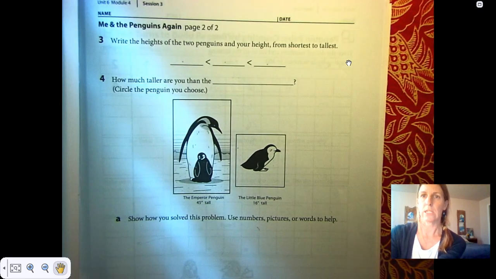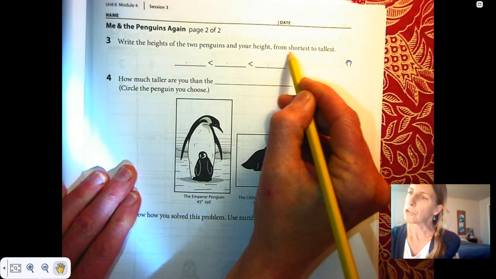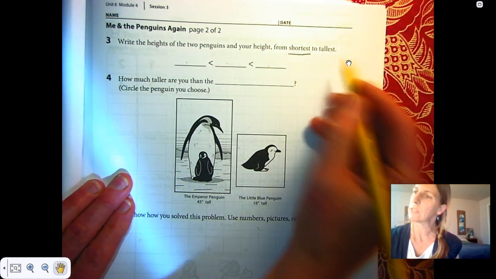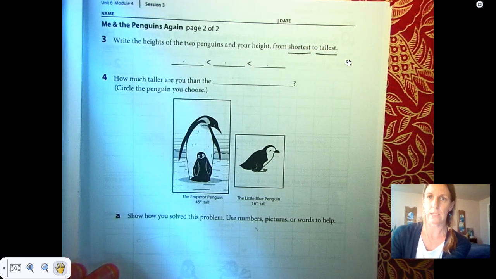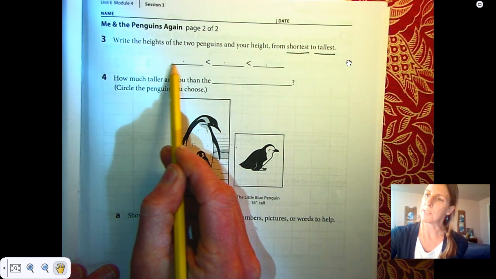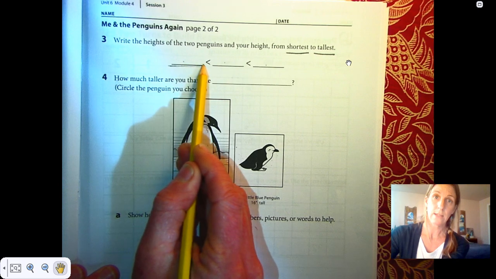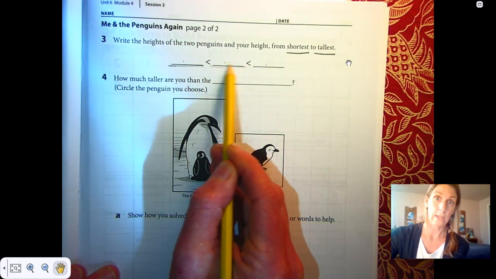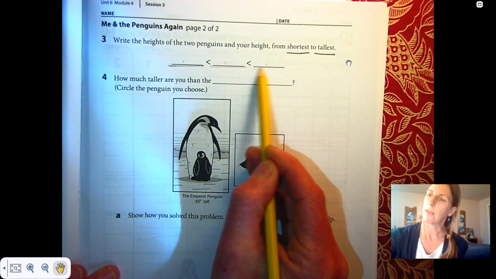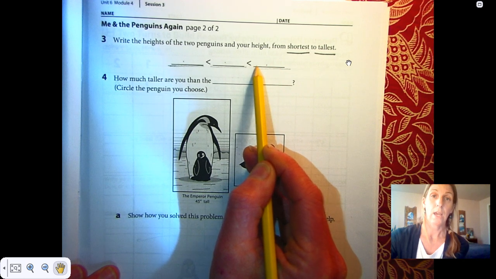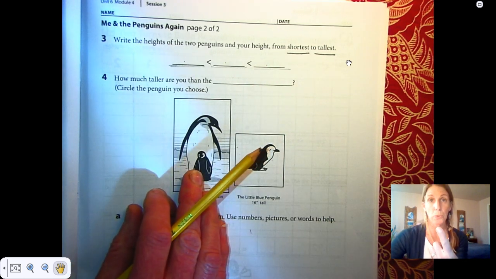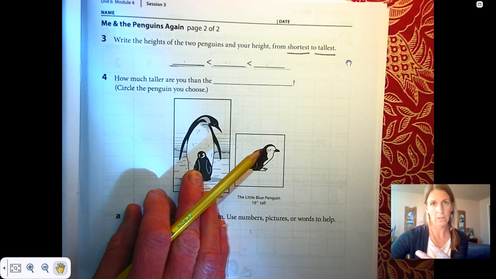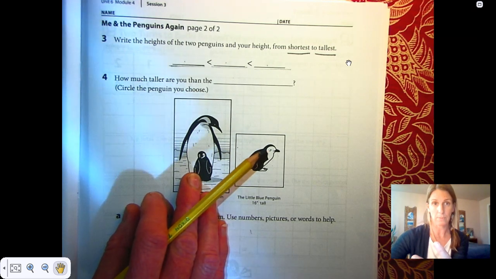Shortest to tallest. So I want the shortest height to come first and the tallest height to come last. This is the space for the shortest height, the height that's right in the middle, and then the tallest height. And remember, it's between you, the emperor penguin, and the little blue penguin.